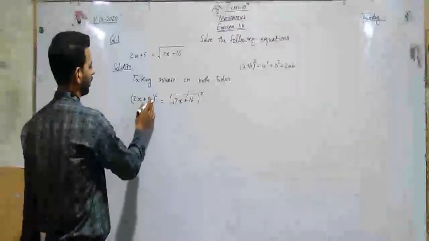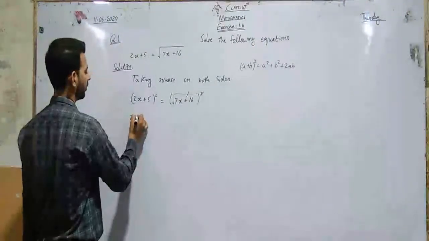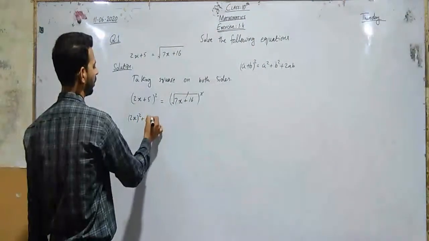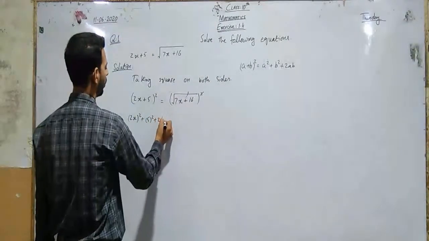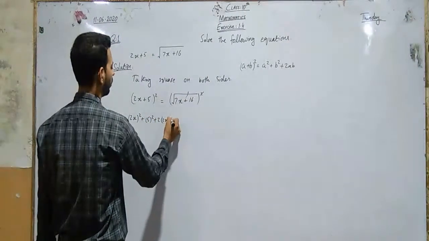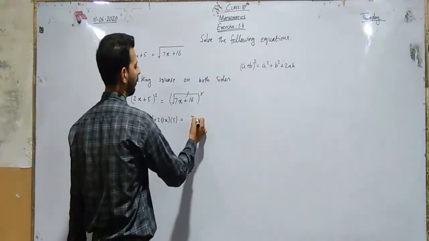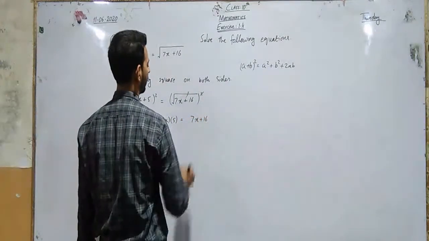So now here what we will do: 2x squared plus 5 squared plus 2 into 2x into 5 equals 7x plus 16.